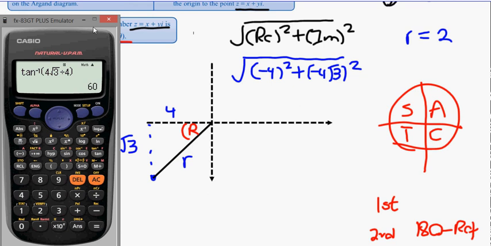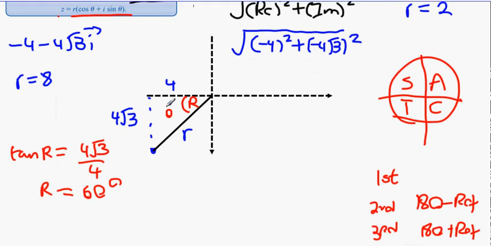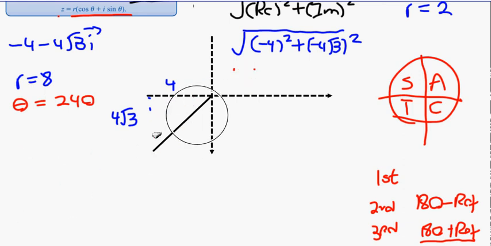What we get here is 60 degrees. R equals 60 degrees. Now remember that if that's 60, this part here is 180, so 180 plus 60. So the full angle theta is going to be 240. Okay, so that's 240 right there.